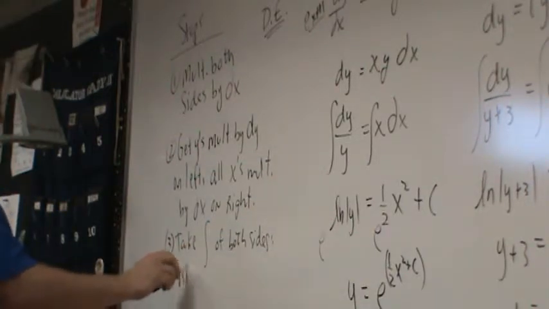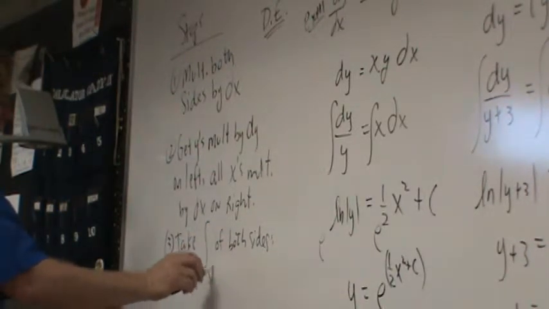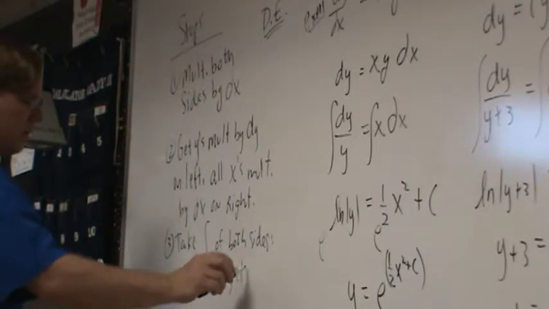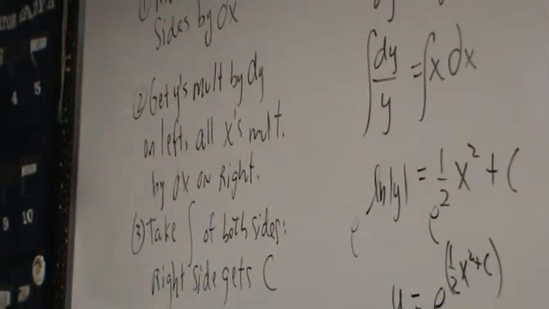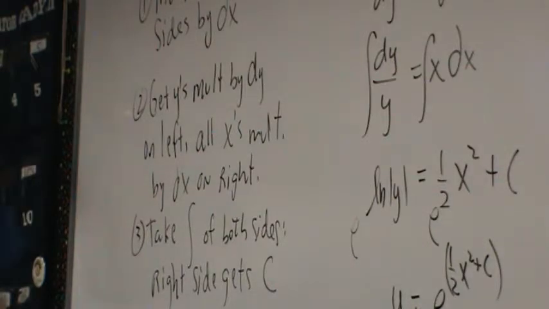And the right side gets the constant of integration. So that's it, those are the steps. But I want to see if you guys can separate this example. I'll call it example 3.